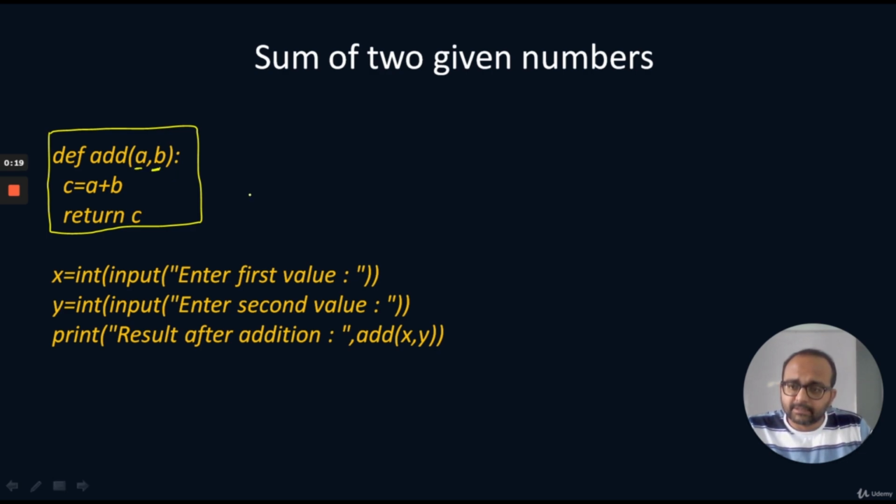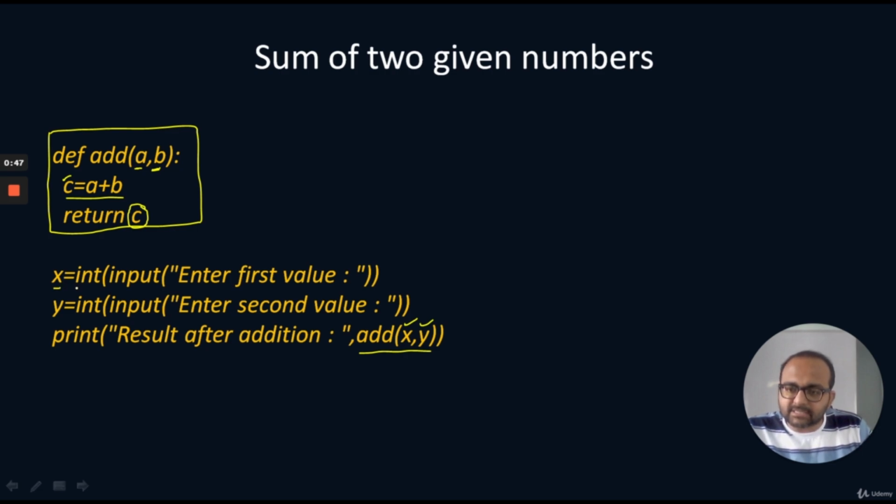This add function is going to perform the summation of those two parameters a and b in a variable called c, and finally the result which is stored in c is returned back to the calling function. Here we are simply calling this add function by passing values x and y.